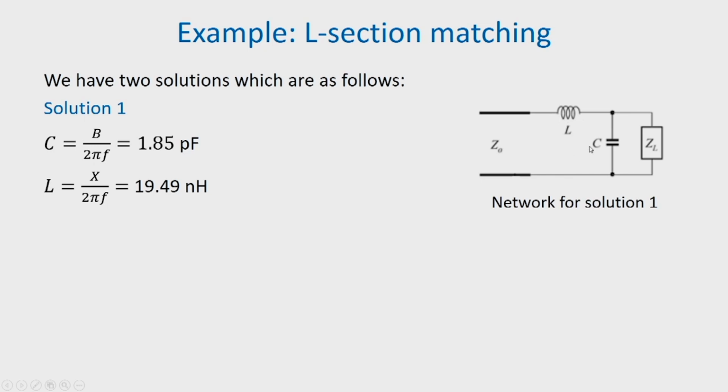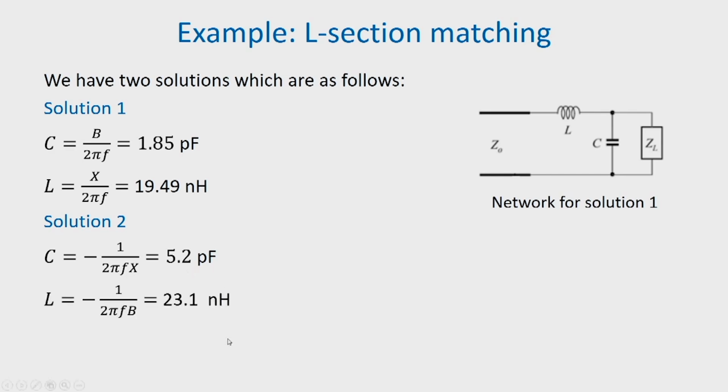This L and C combination will give a matching circuit which is shown. So, you have L, C, the load impedance ZL and the transmission line Z0. We can have a second solution, because we had two values of B and two values of X. In the second solution, C is equal to minus 1 by 2 pi f X, and substituting the second value of X, we get C equal to 5.2 picofarad.